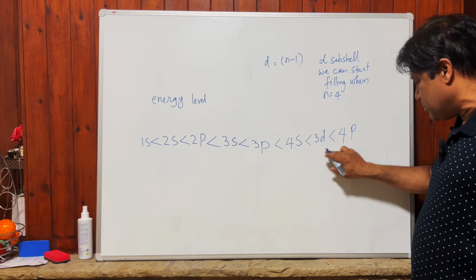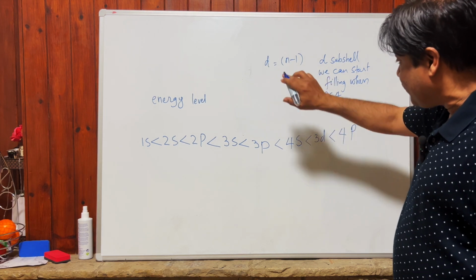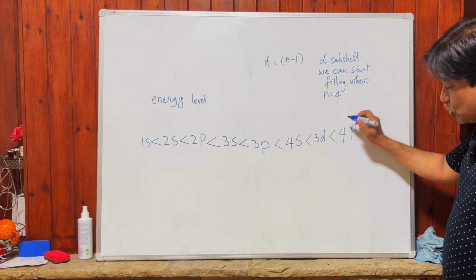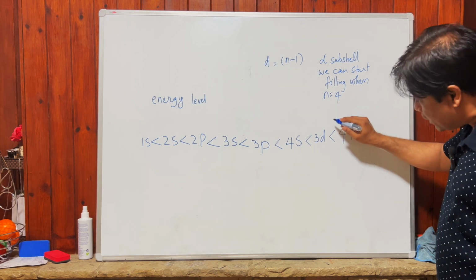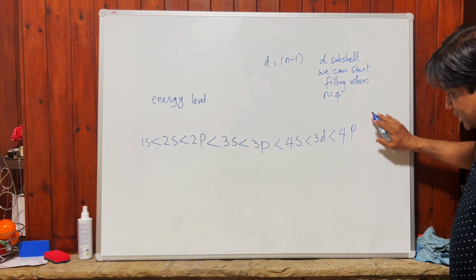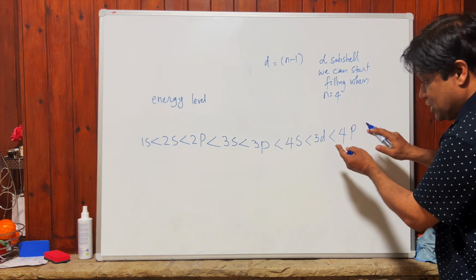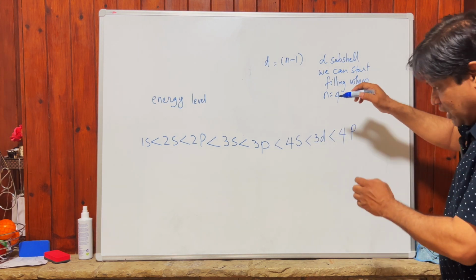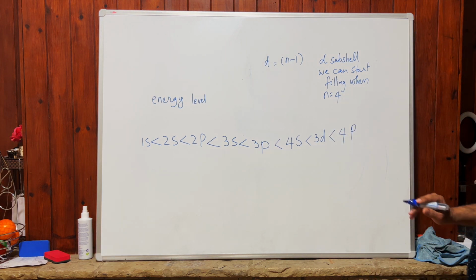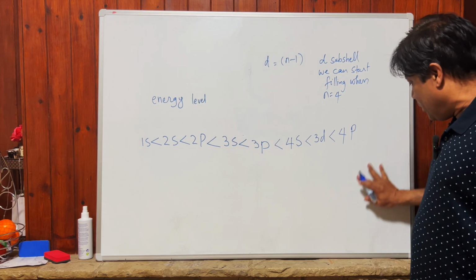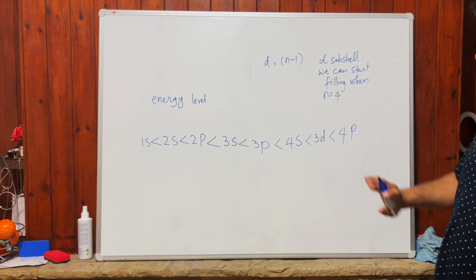This energy level is completed. d started from the fourth shell, but d electrons are not going into the fourth energy level. d electrons go into the third energy level because the d is hiding in between 4s and 4p. So d is on the third energy level actually. But the d orbital we can start filling when we move to the fourth energy level.